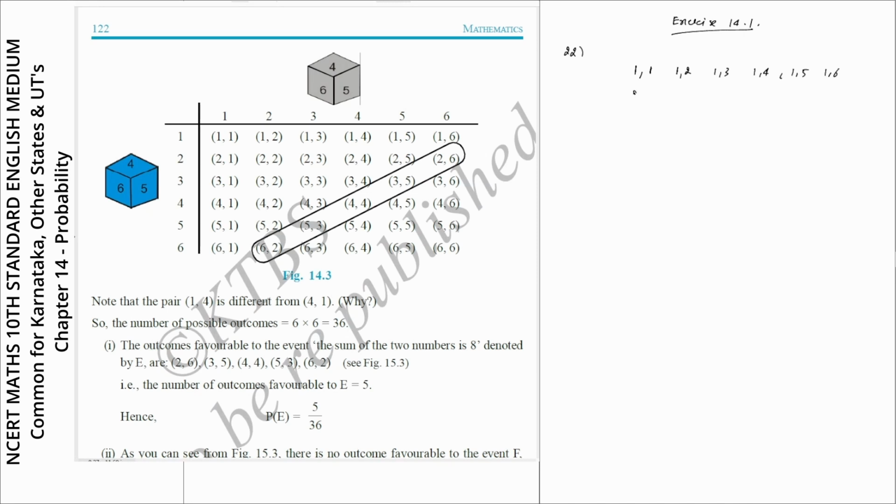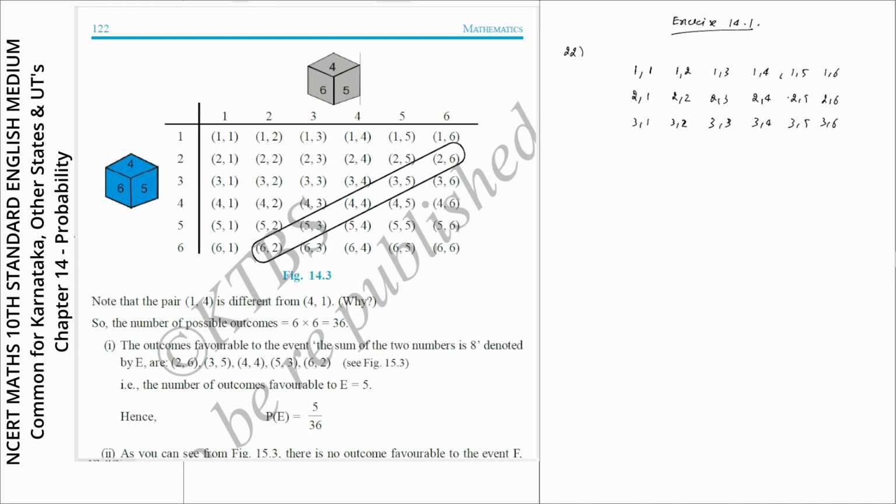Similarly for the first dice showing up 2, the second may show 1. So 2 comma 1, 2 comma 2, 2 comma 3, 2 comma 4, 2 comma 5 and 2 comma 6. Similarly 3 comma 1, 3 comma 2, 3 comma 3, 3 comma 4, 3 comma 5, 3 comma 6.